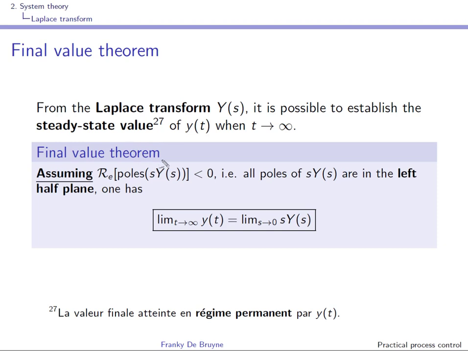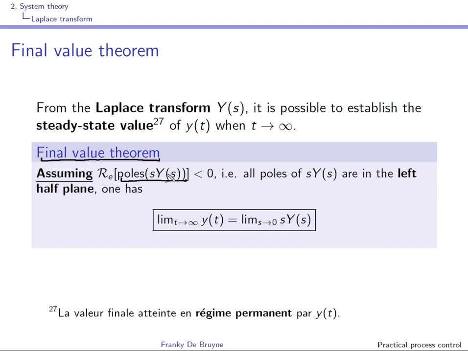For this you have to use the final value theorem, but this final value theorem, and this is why I'm underlining this, comes with an assumption, and this assumption is that the poles of s y of s are to the left of the j omega axis.